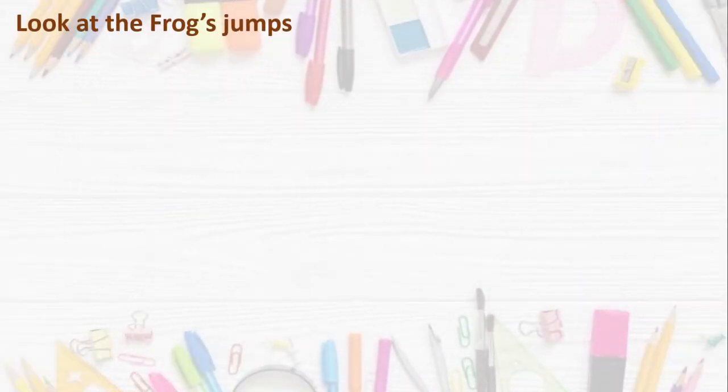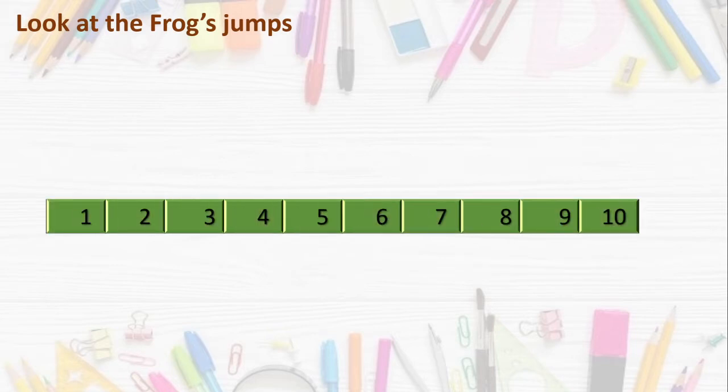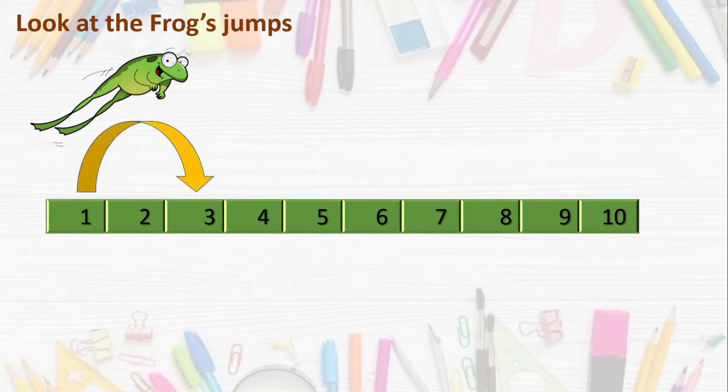Dear children, here look at the frog's jumps. Here you can see a strip of numbers and a frog who is jumping from one number to another number. See this? The first jump is from number 1 to number 3.